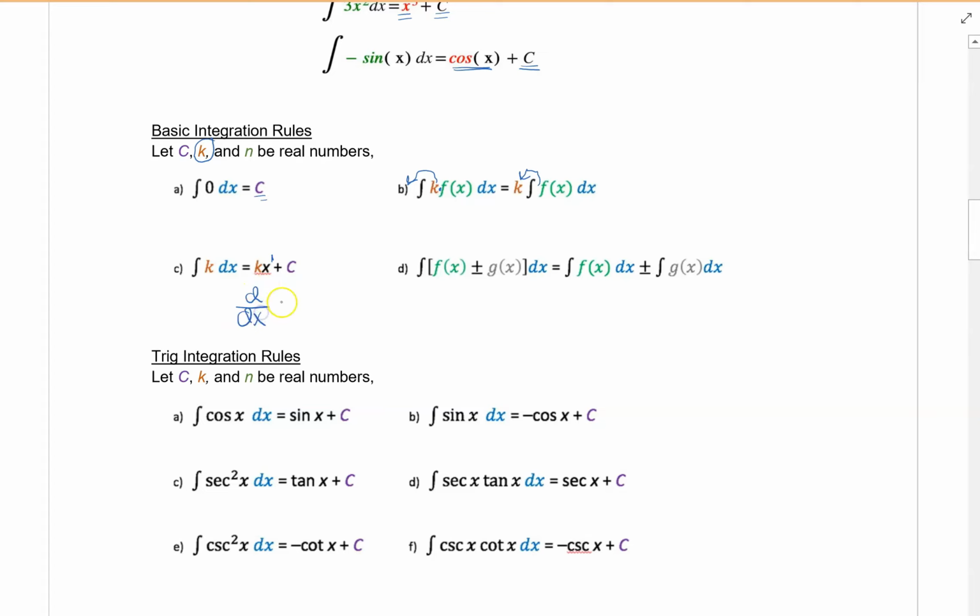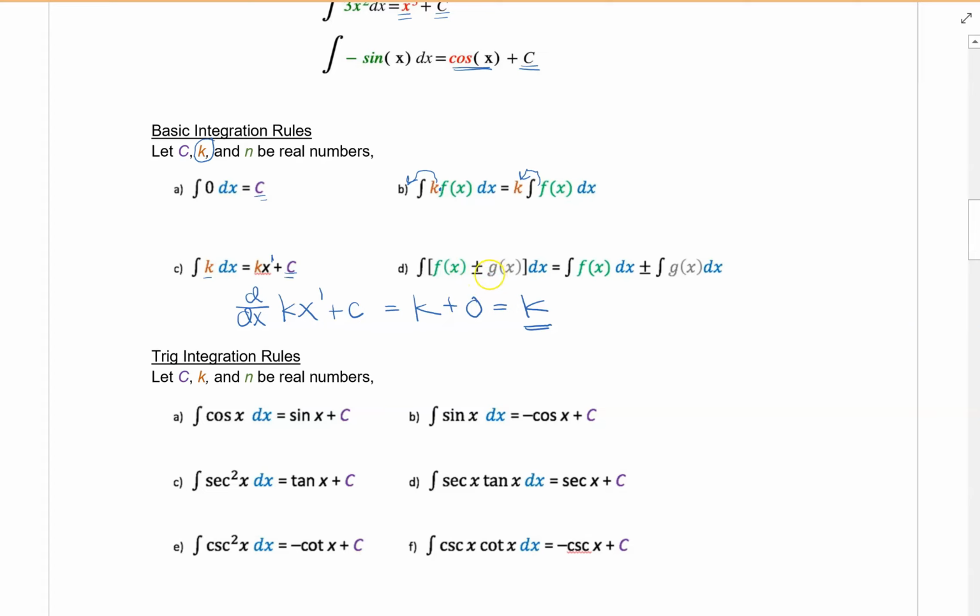The derivative of a constant times x to the first power, and I'll go ahead and add the c. So derivative of kx is just k, and then the derivative of this constant without an x is just 0. So if your derivative is a constant number, it must have been the slope of a line of a linear function. Therefore, the antiderivative would be that constant times x to the first, and then, of course, plus your c, which is your constant of integration.